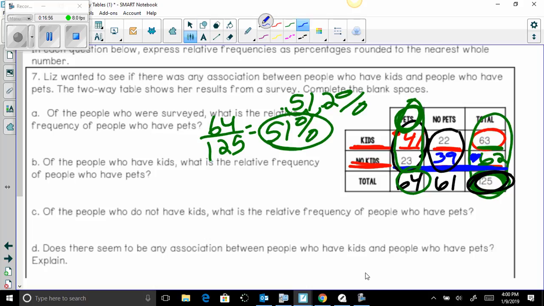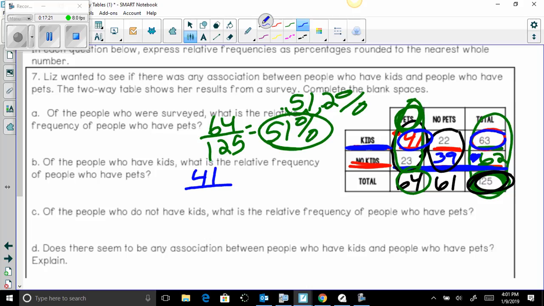Of the people who have kids, what is the relative frequency of people who have pets? So of the people who have kids, so here's the kids column. How many people have kids and have pets? There's 41 of them. Out of the total people who had kids, I only want the people who have kids.